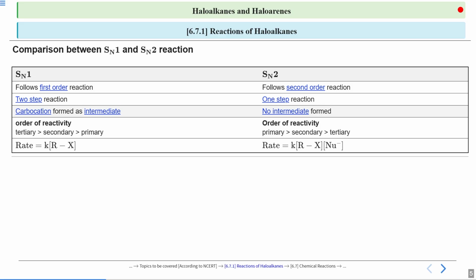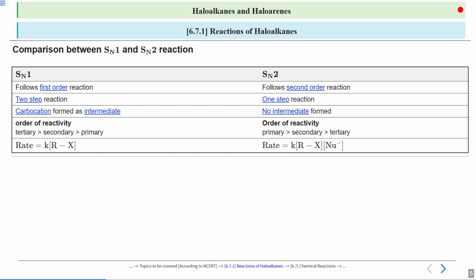Because the carbocation forms as an intermediate, and then in the second step, the nucleophile attacks the carbocation from either side, right? So the stability of the carbocation is the key factor deciding reactivity in the SN1 reaction. That's why the tertiary carbocation in the SN1 reaction has the highest reactivity because of its highest stability. Then the secondary carbocation, and the least reactive will be the primary carbocation.